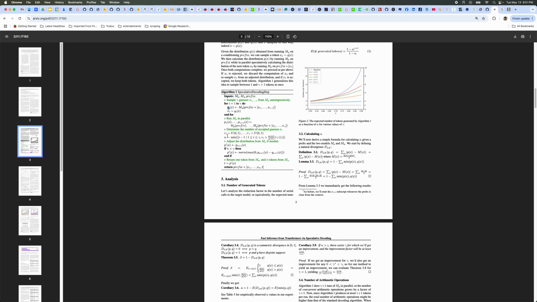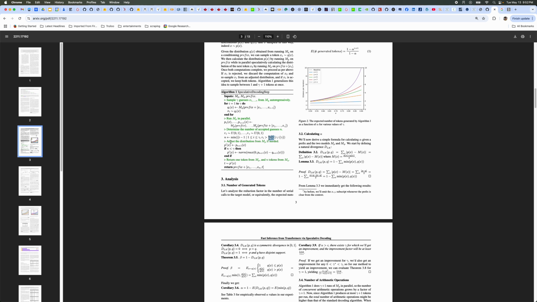So we flip a coin with probability P divided by Q, as shown here. We use P divided by Q as the heads probability, and if our coin comes up heads, we accept that particular token. But if our coin comes up tails, we reject.